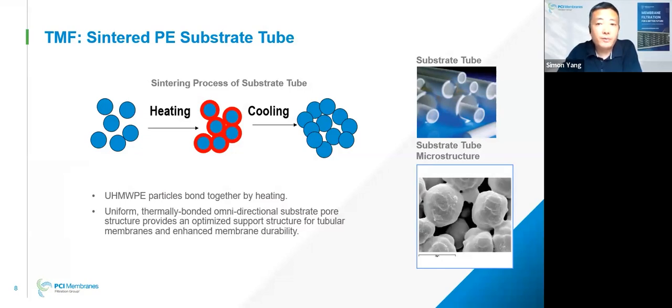The micrograph shows the interior structure of substrate tubes, where you can see a uniform, multi-directional pore structure. And this one is a finished substrate tube after the sintering process, on which PVDF membrane can be coated.